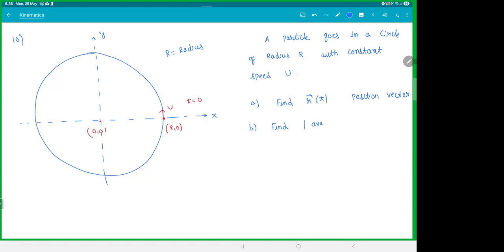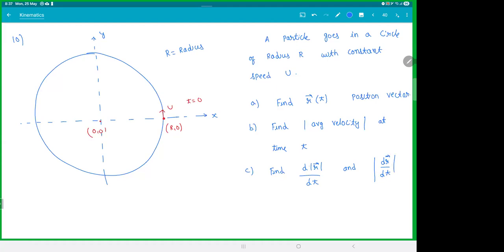Find mod of average velocity at time t. Find d mod r by dt and mod dr by dt. These are completely two different things.